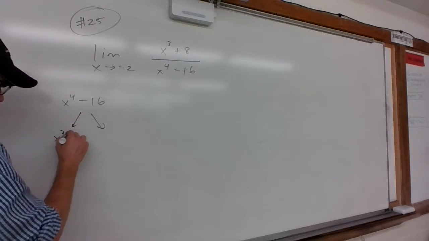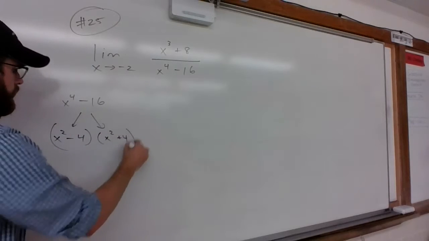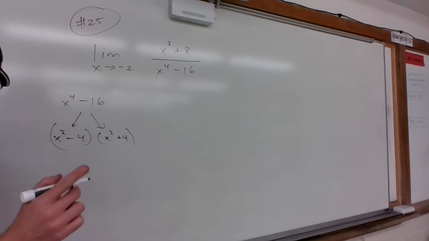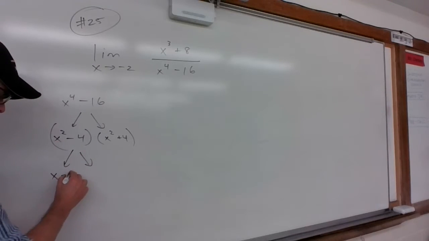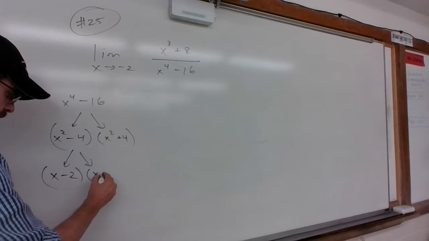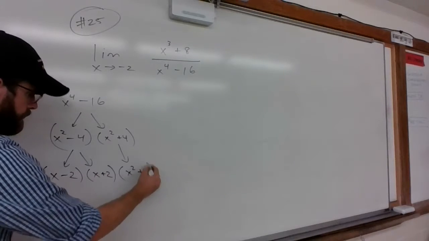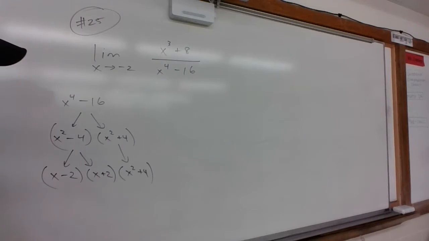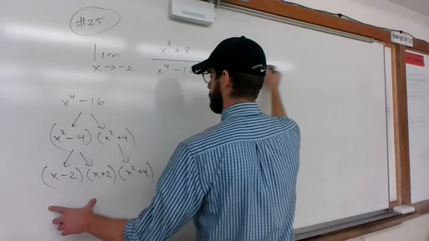X squared minus 4 times x squared plus 4. Furthermore, this difference of perfect squares breaks down to x minus 2 times x plus 2. And this is still a part of it. So we can rewrite our denominator just like this.